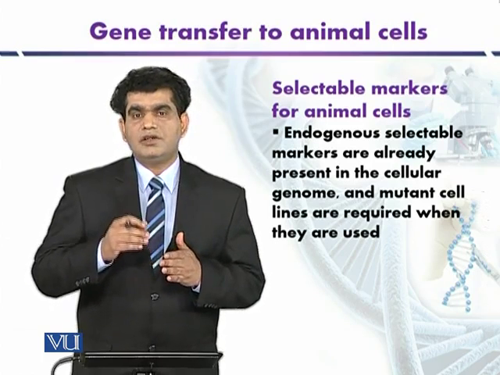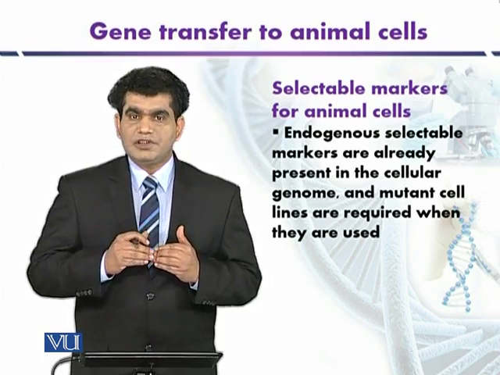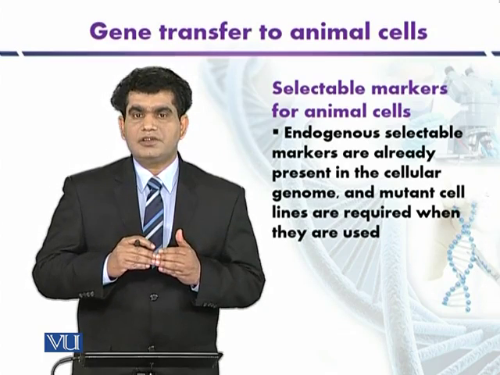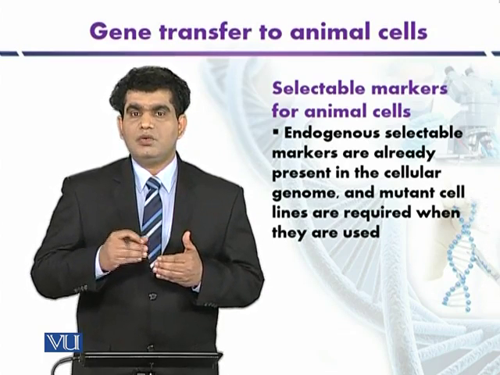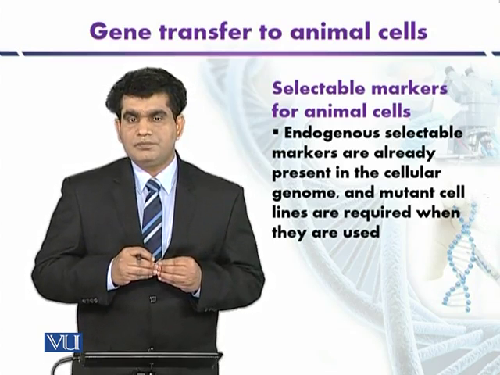And if we are going to use some TK enzyme deficient cell, it means that the gene encoding this thymidine kinase is mutated, and it no longer has the ability to synthesize this vital enzyme.